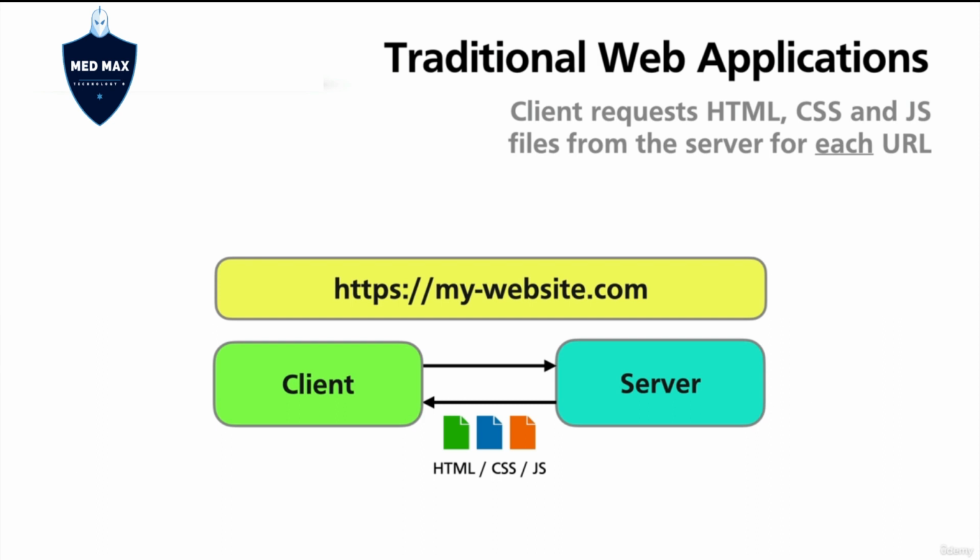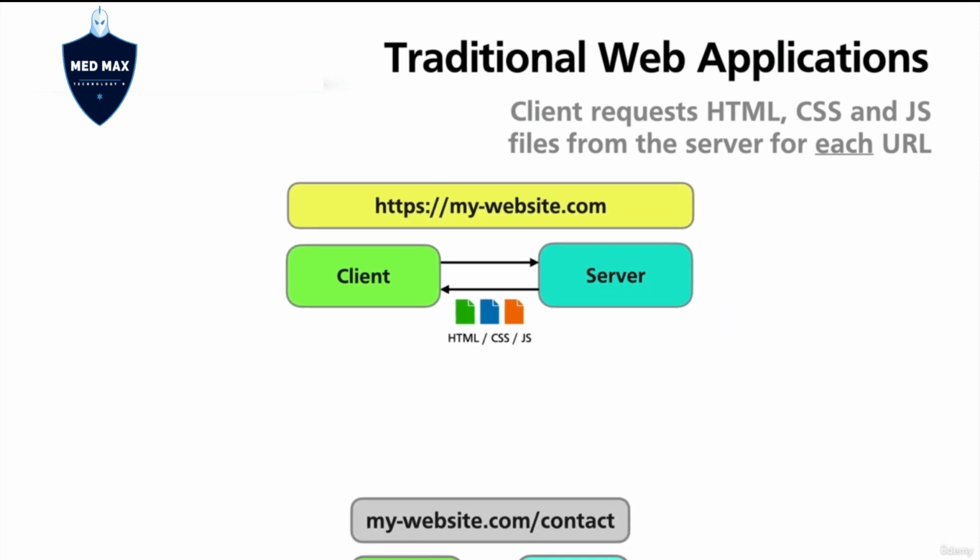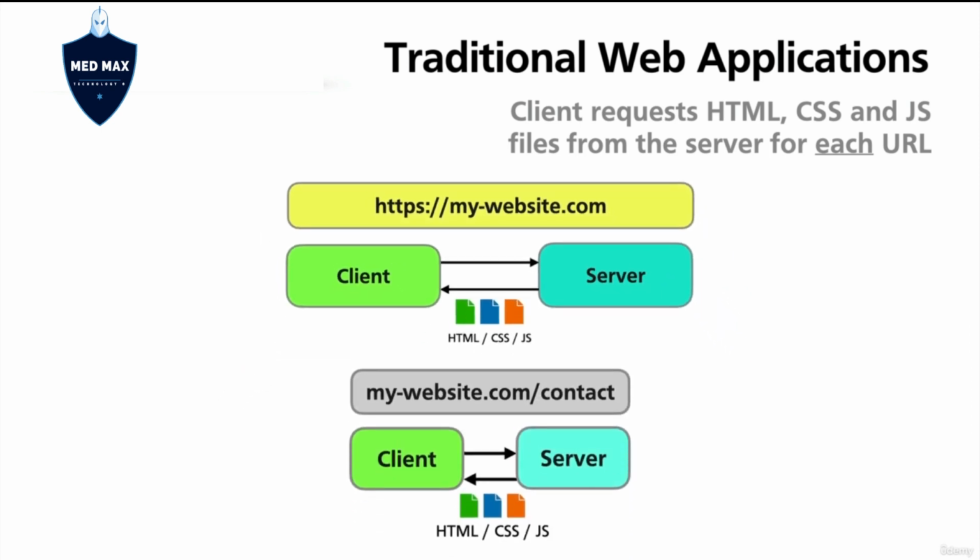But as soon as you click on other hyperlink on the web page, for example, contact page, your web browser again makes all requests for the HTML, CSS, and JavaScript files for that web page.